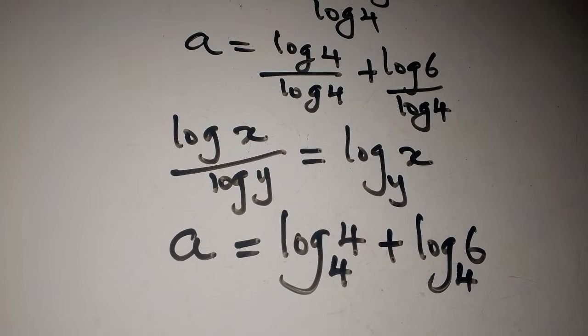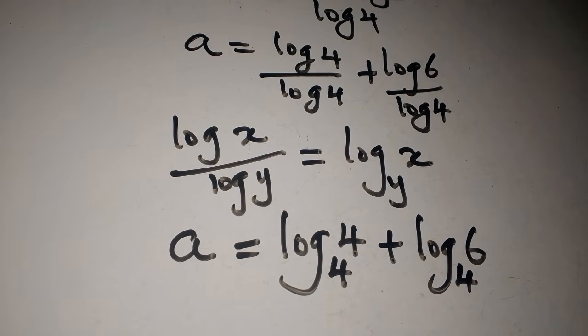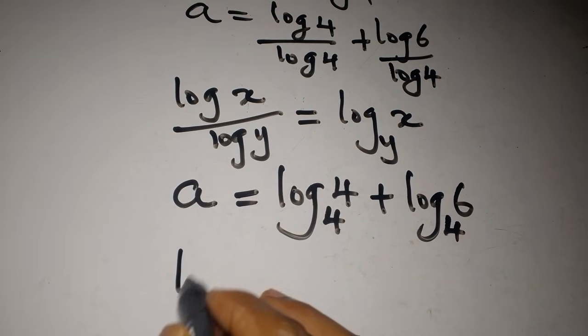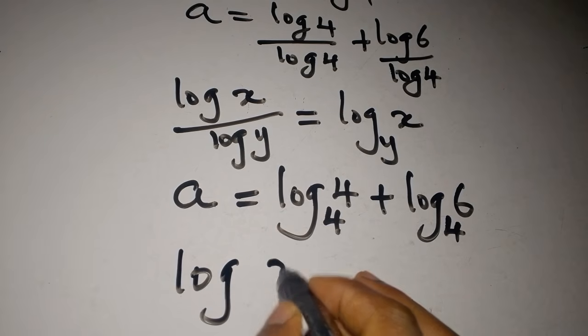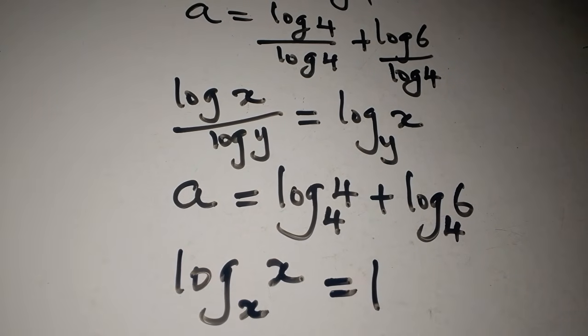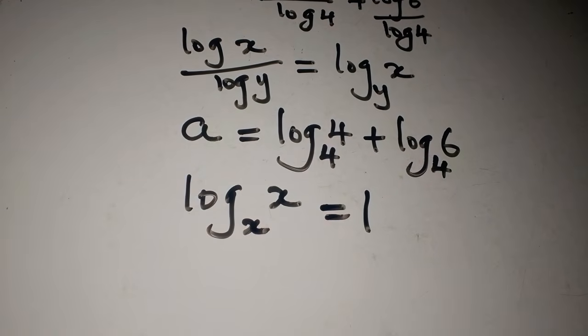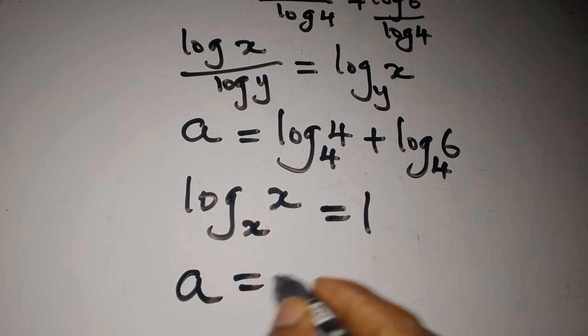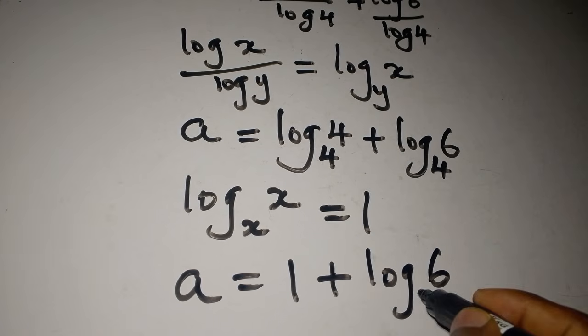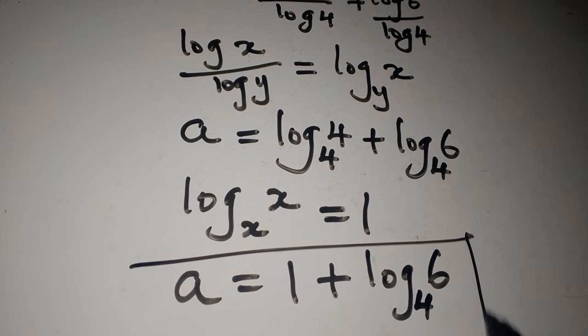Now log 4 to base 4 is what? Log 4 to base 4 is 1, because there's a law that says that if you have log x to base x, it is equal to 1. So our a will now be 1 plus log 6 to base 4. So from here we have our value of a.